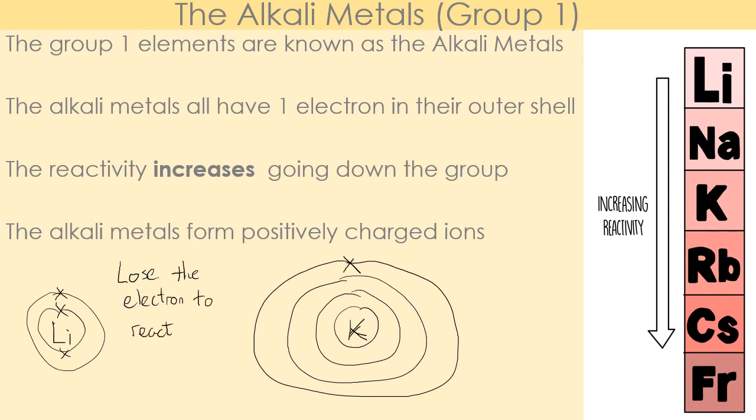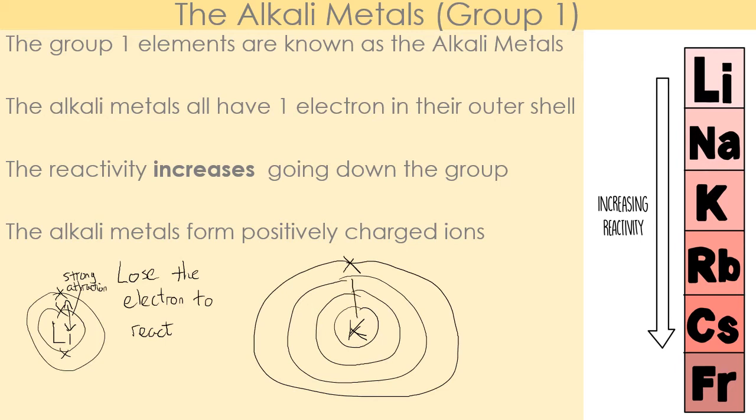As we have a look at lithium, the outer electron is very, very close to the nucleus. I have a positive nucleus and a negative electron, so we have a strong attraction. I also don't have very many electrons in the way that are stopping that attractive force.